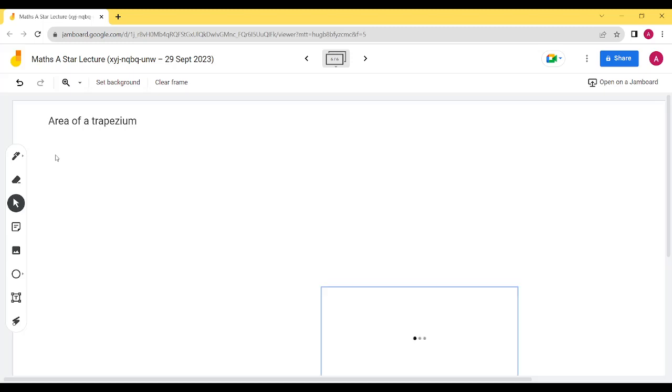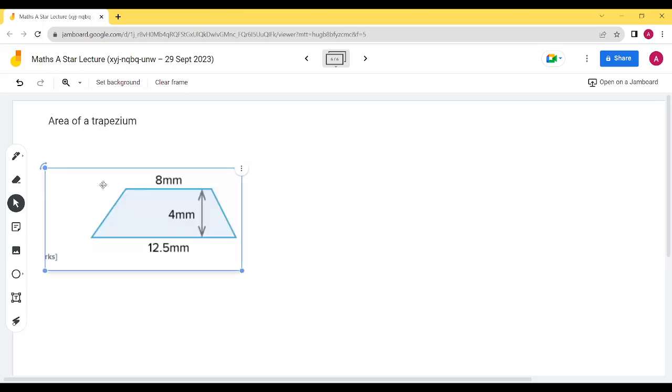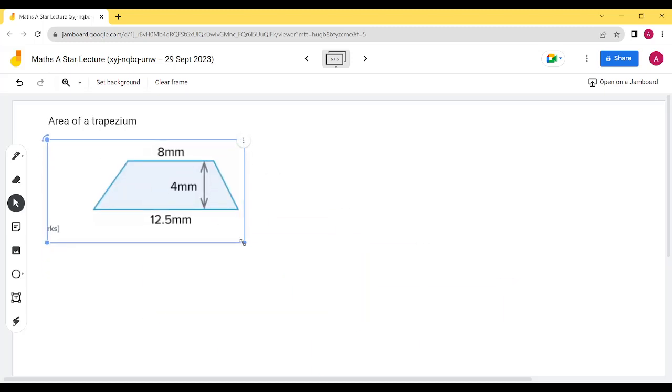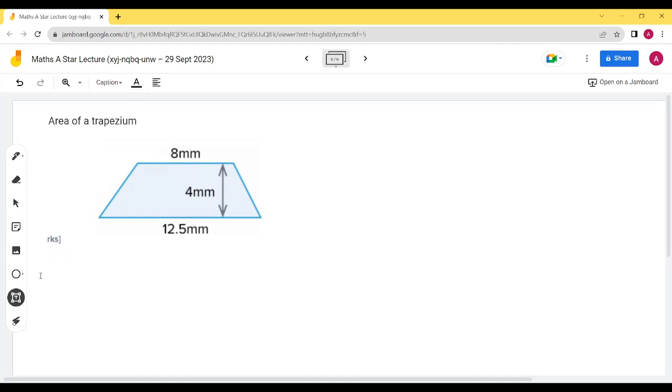Okay, so we've got a shape here, and we need to find the area of the trapezium.